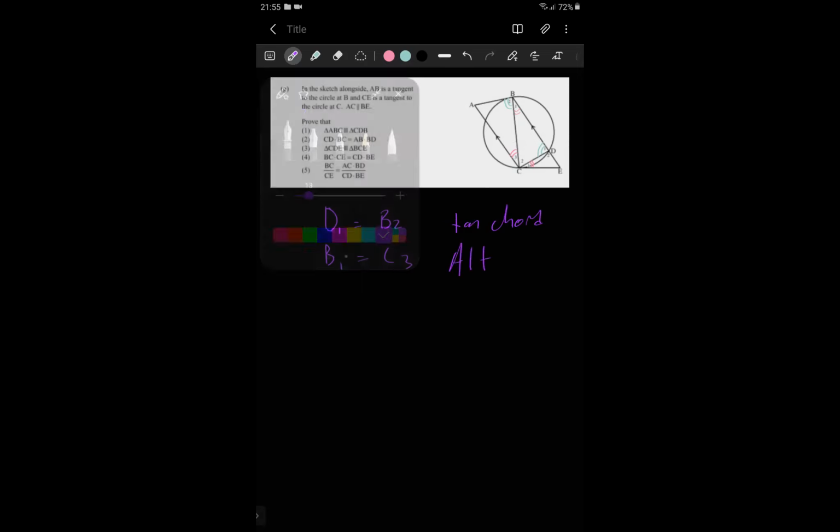So we can start off by saying here D1 is equal to B2. The reason for that is the tan chord theorem. And then the next thing is we can say that B1 is equal to C3. The reason there is just alternating angles. It means the last pair of angles is going to be equal.